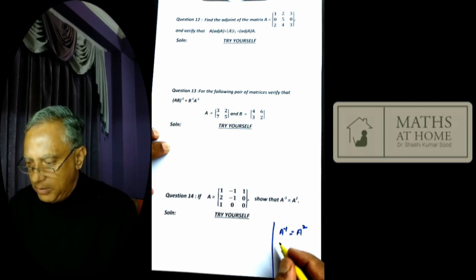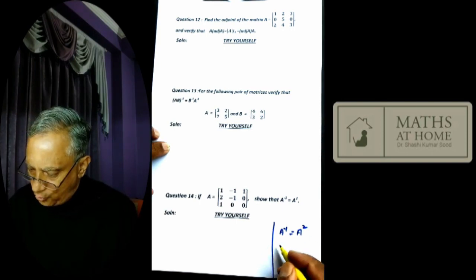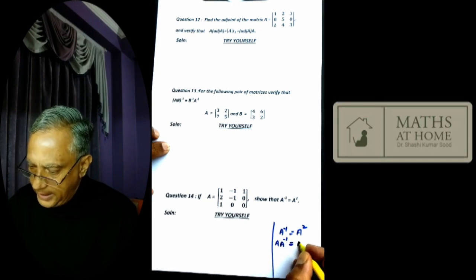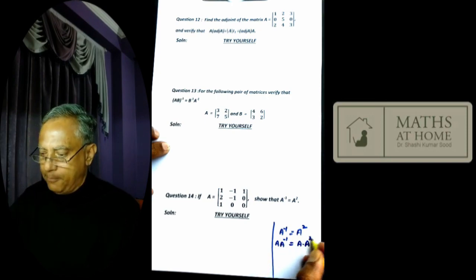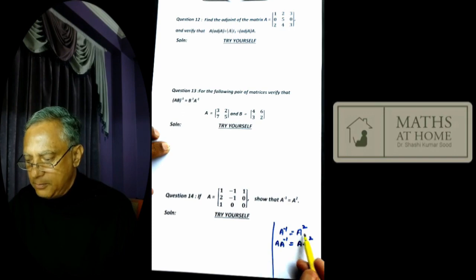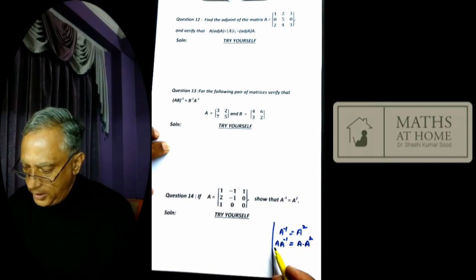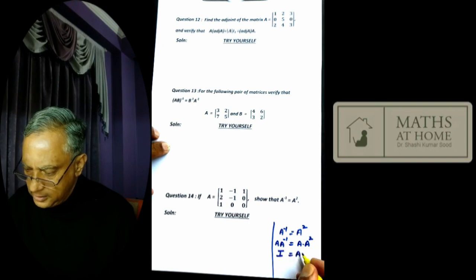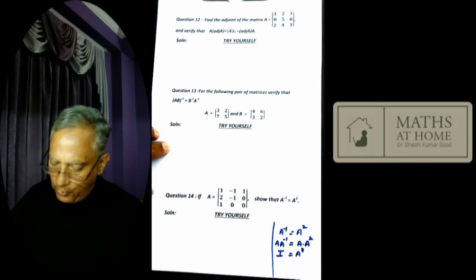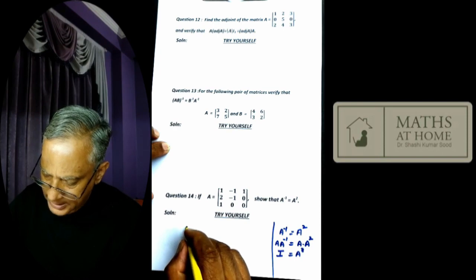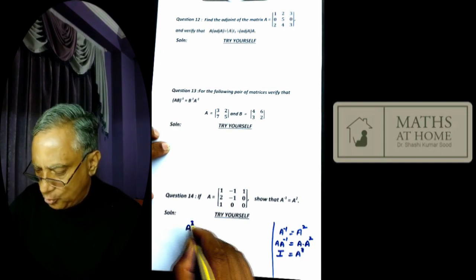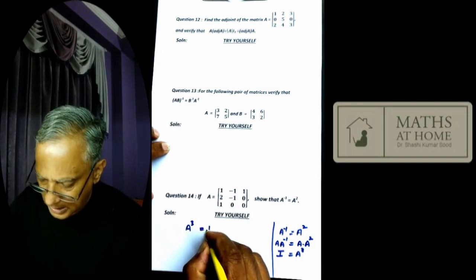That is, multiply by A both sides. So we will get A into A inverse is equal to A into A square. Pre-multiply this equation by A. So A into A inverse is I, and this is equal to A cube. So we will find A cube and prove that this is equal to I.